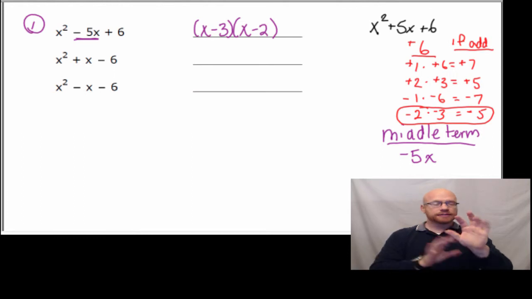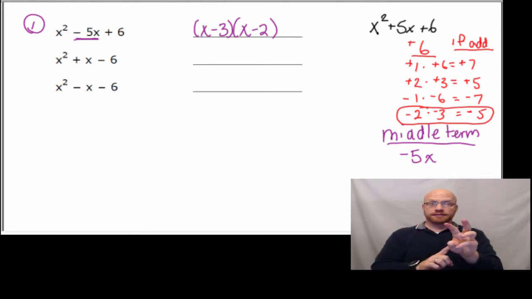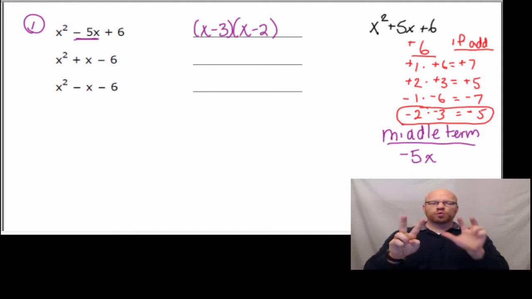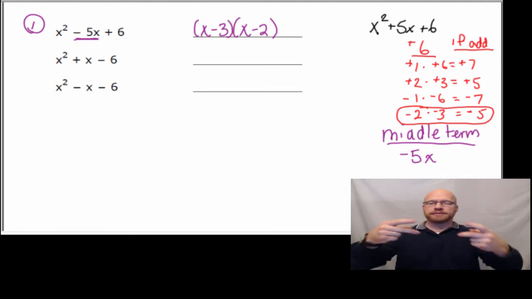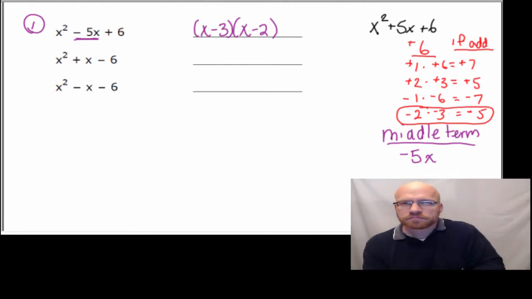Now we have the second example, x squared plus x minus 6. Now the product of negative 6 will have the same numbers, 1 and 6, 2 and 3, but our positive and negative signs for our numbers will be changed. We need to multiply a positive and a negative to get negative 6.